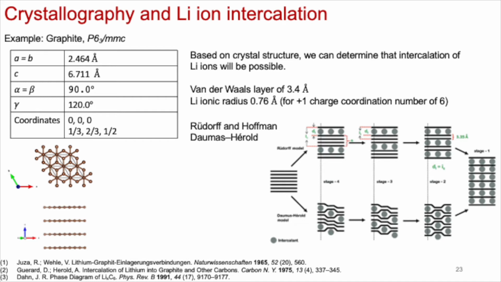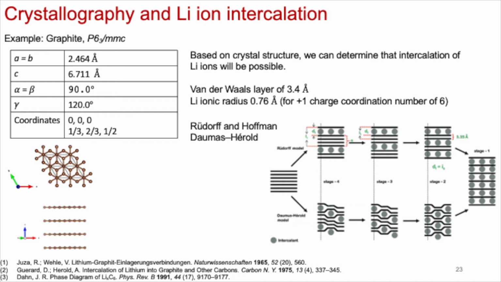And as a group, we decided, well, it's a layered material, but the van der Waals layer is not big enough. So that was the overarching superficial statement of its crystal structure. Now we can actually drill down and say, well, what about its crystal structure makes it useful for fast kinetics for lithium ion insertion and deinsertion?